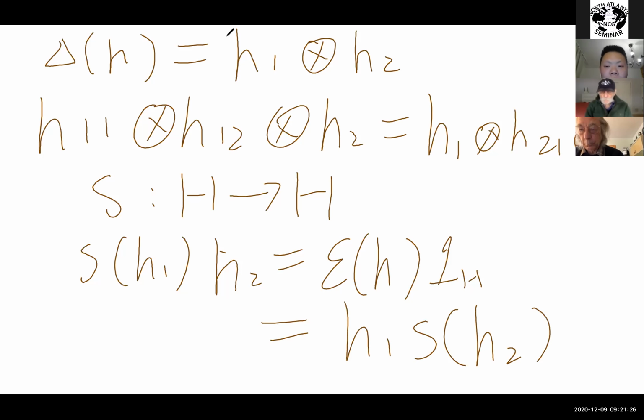Okay, so the Hopf algebra can be viewed as a quantization of a group, and the antipode here plays the role of the inverse operation on the group structure, and the coproduct plays the role of the multiplication of the group, and the counit plays the role of the unit.